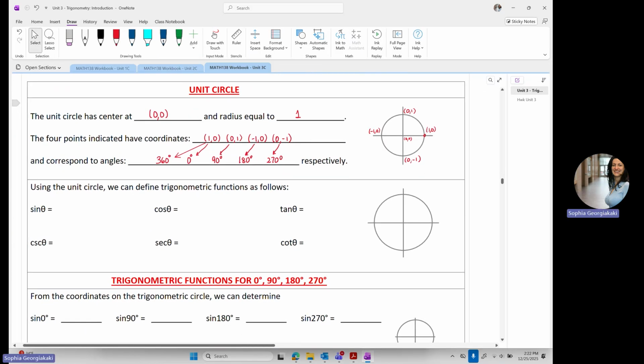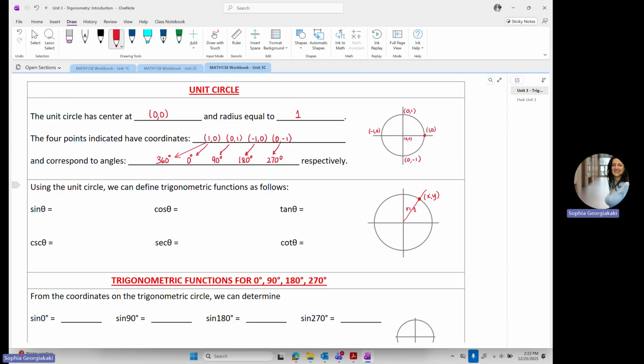Now, when we are on the unit circle and we have a random angle, let's say here, with coordinates (x, y), on the point on the terminal side, I will pick a point on the circle. I will do that because the radius will equal 1.